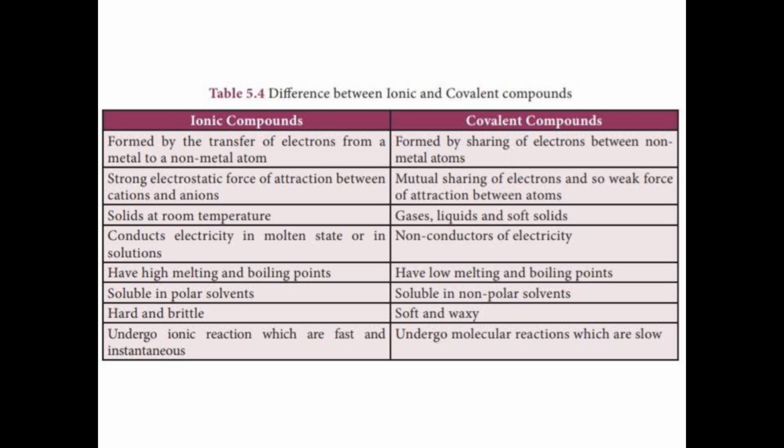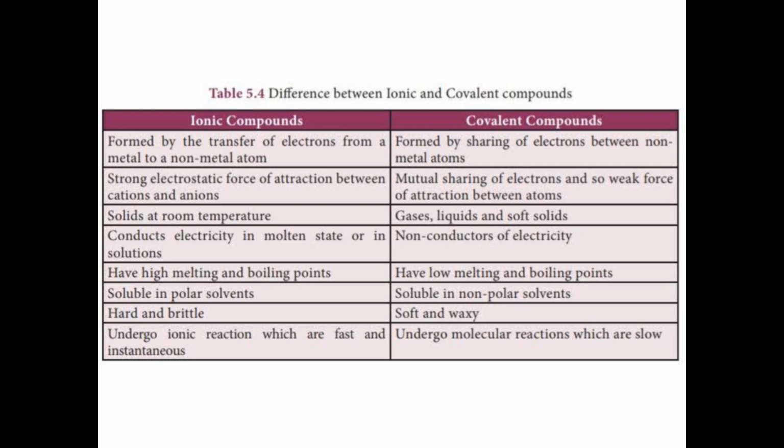In covalent, they are formed by sharing of electrons between non-metal atoms. In ionic, there is strong electrostatic force of attraction between cations and anions. The cations are coming from the metal, anions from the non-metals. While in covalent, there is mutual sharing of electrons, and so there is a weak force of attraction between atoms.